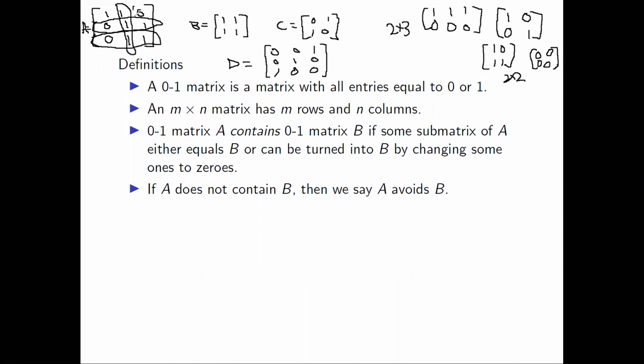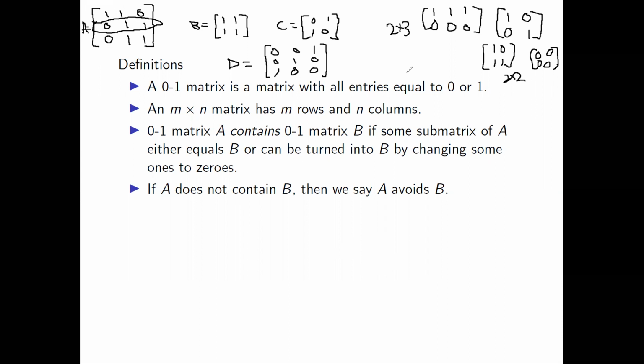So last two rows, last two columns, and that submatrix of A equals B. So A does contain that B. Now let's look at C. So we can actually take the exact same submatrix.